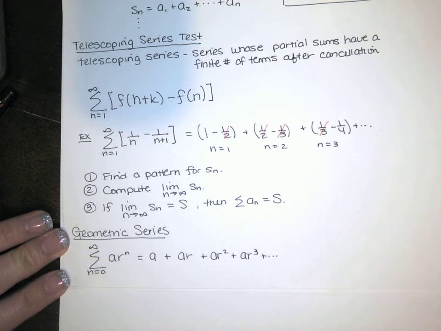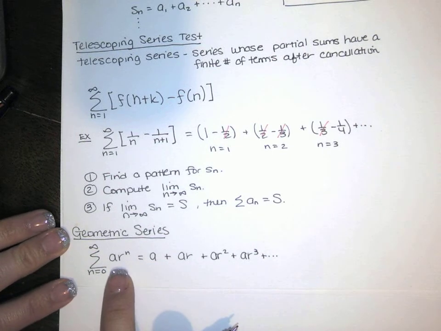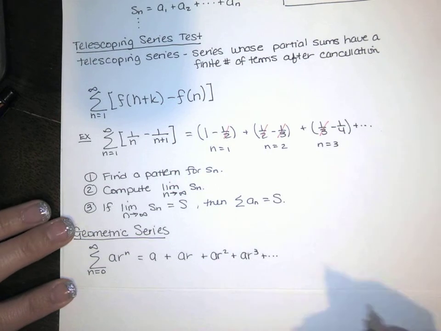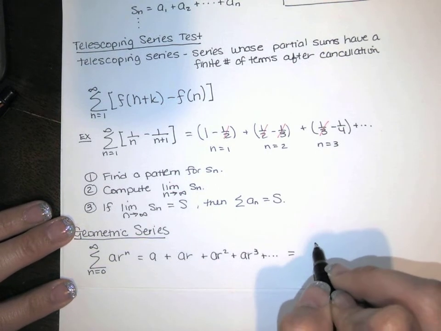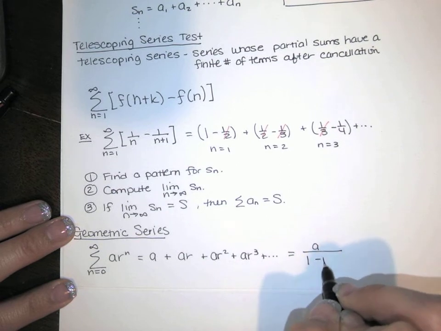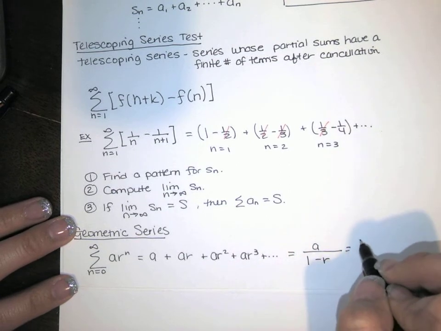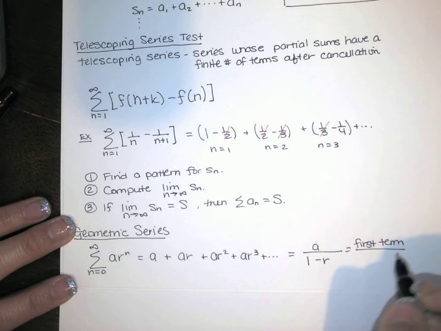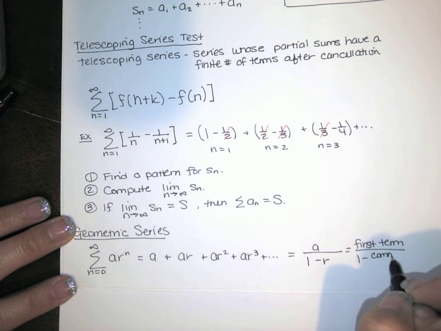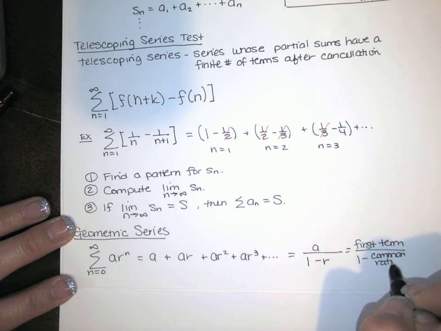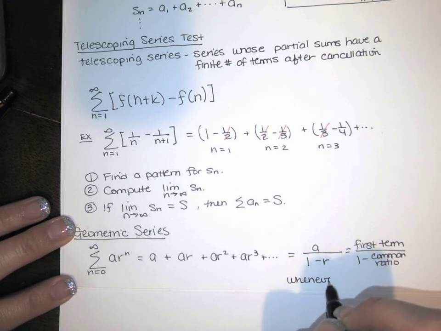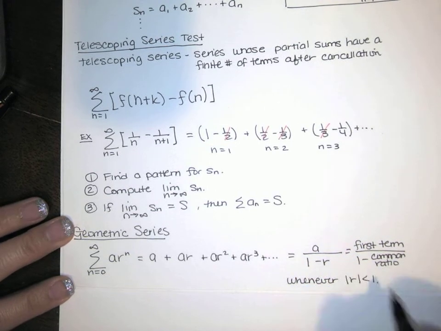We proved in the last section that this converges under the condition that the absolute value of r is less than 1. So this will converge to, turns out to be the first term over 1 minus r, which is called the common ratio, provided that the absolute value of r is less than 1.